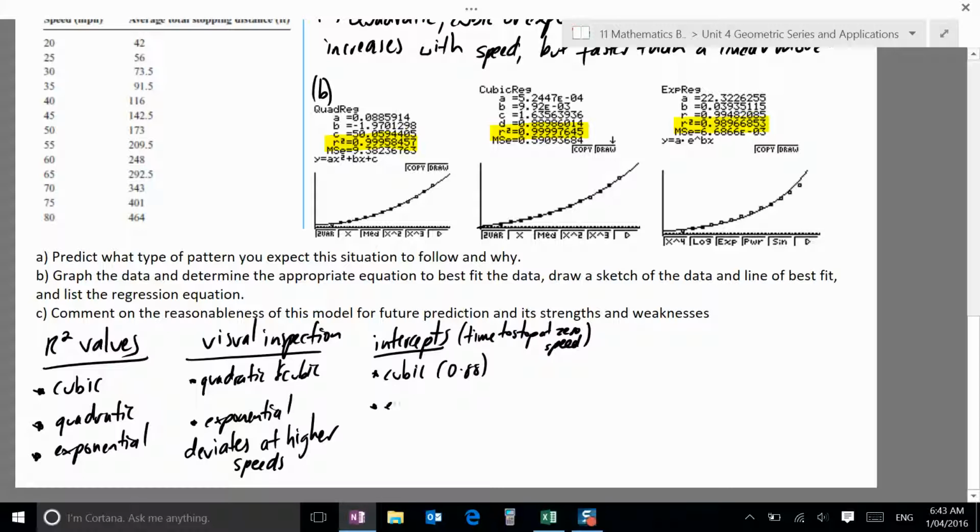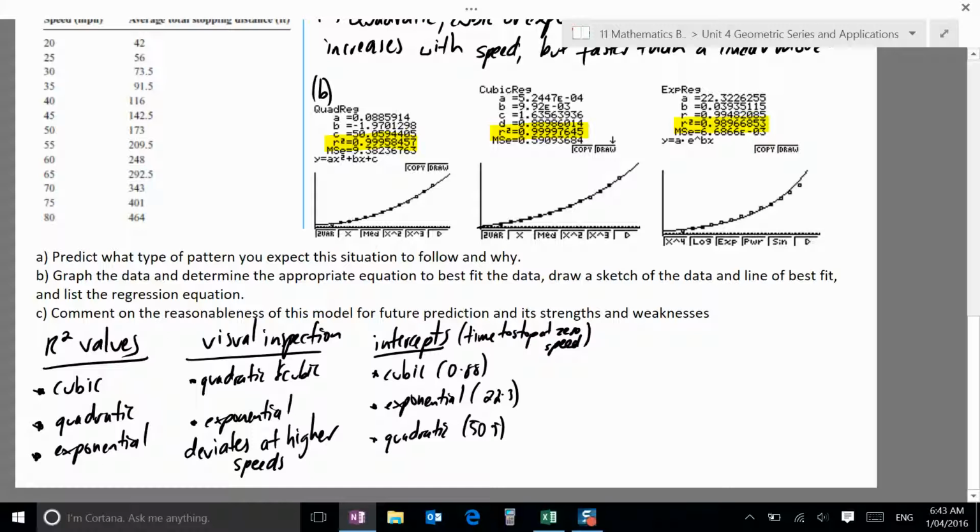Then exponential of 22.3, and then quadratic 50.5.